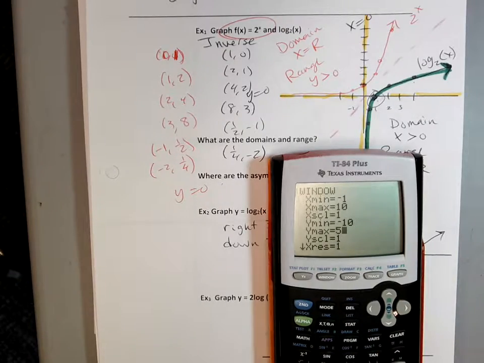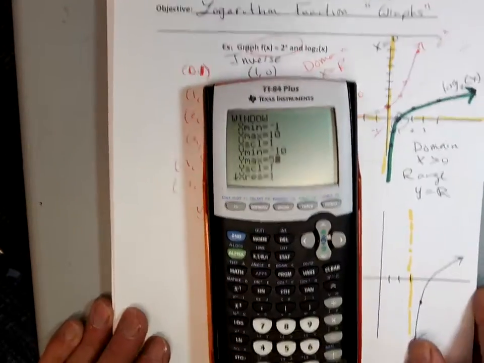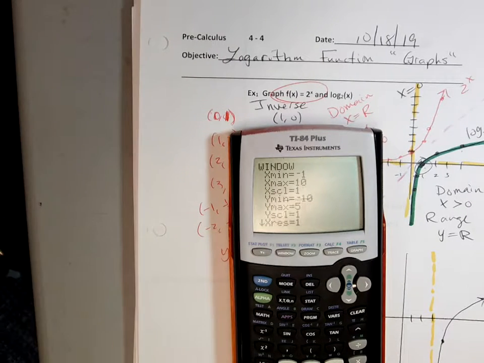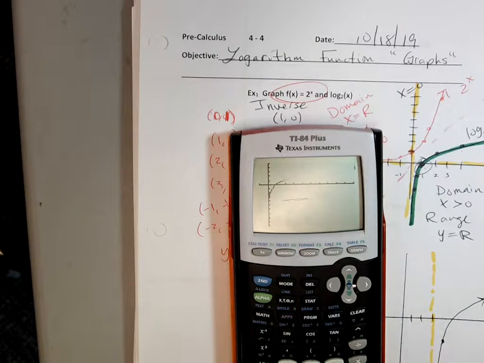The reason I used this window, Zoe, is that on my green graph, I know the graph only exists between here. So I went -1 to 10 and -10 to 5. That's why I used that window. So if I graph that, there it is.